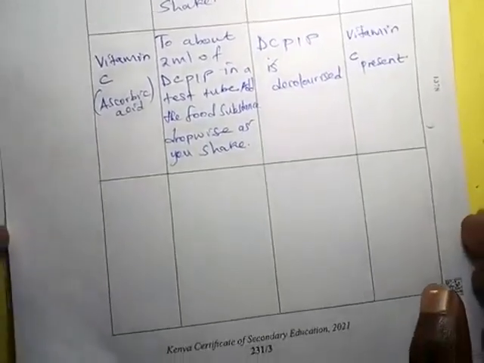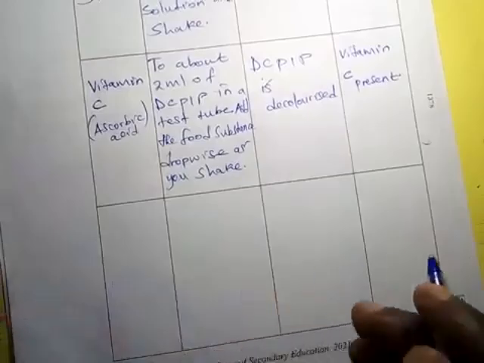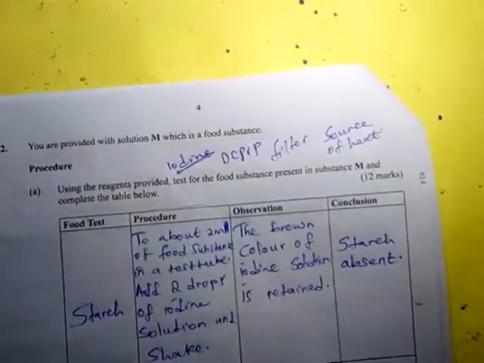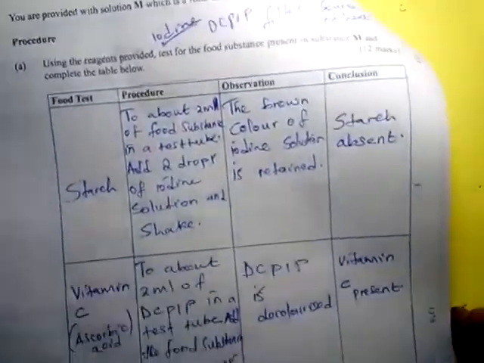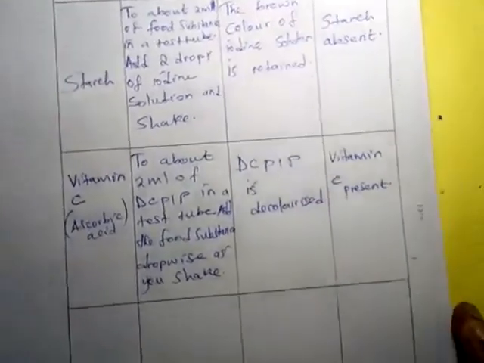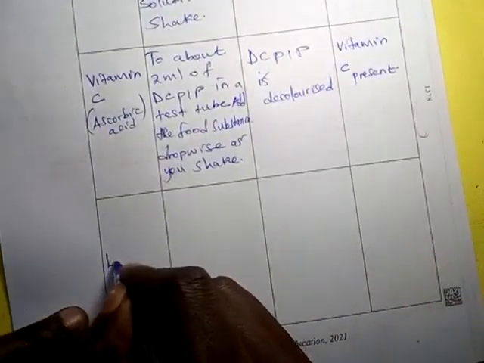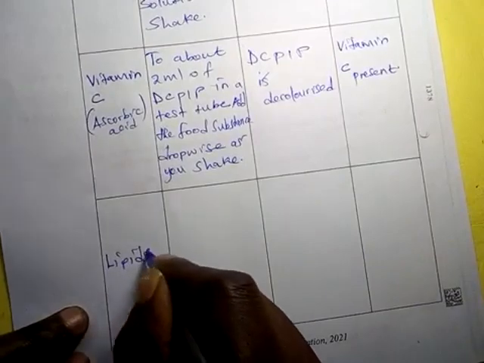The last one: when you see a filter paper and a source of light, you are testing for lipids. Therefore, the food substance is tested for lipids.